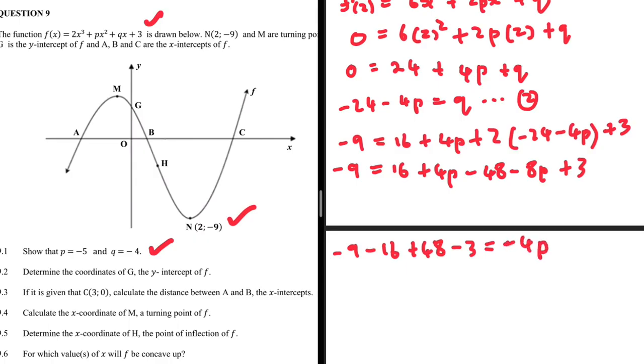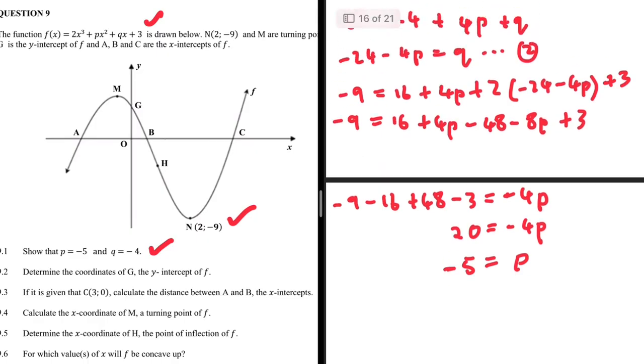Right, so what is minus 9 minus 16 plus 48 minus 3, that is 20. So we have 20 being equals to minus 4p. So we divide both sides by minus 4. So minus 5 is equals to p.